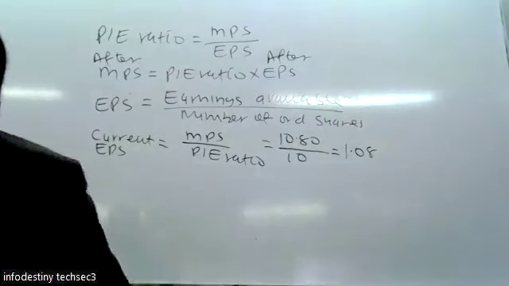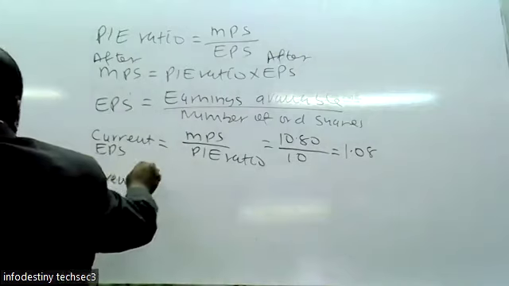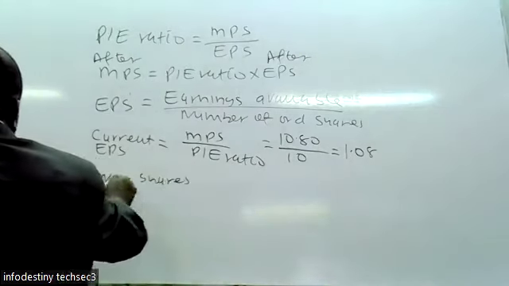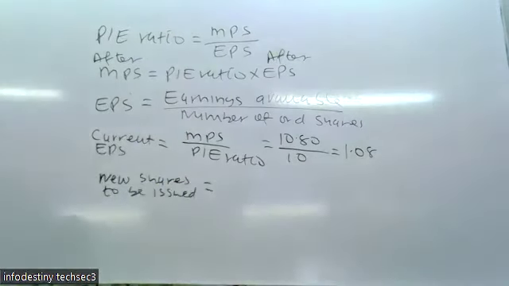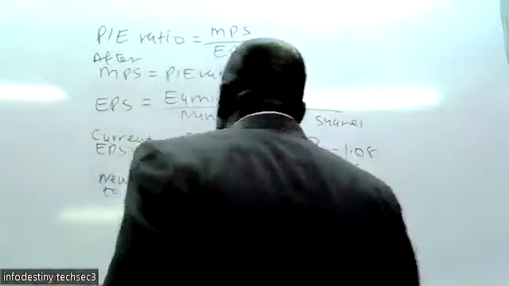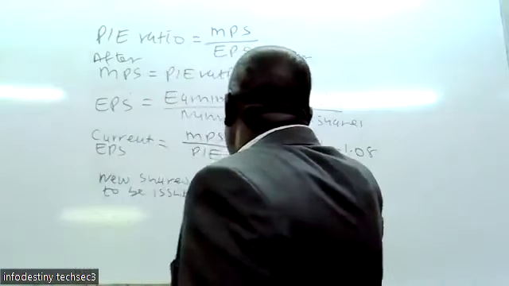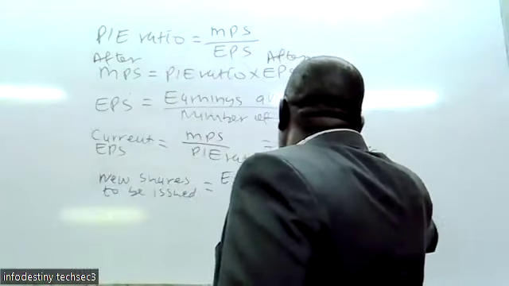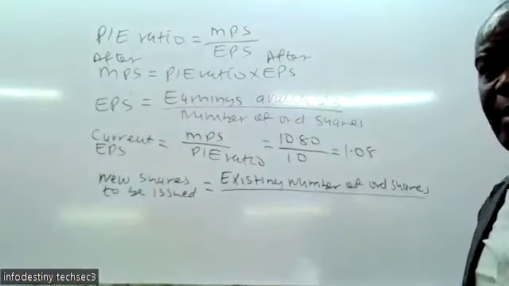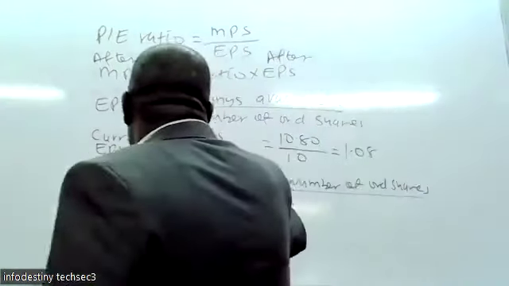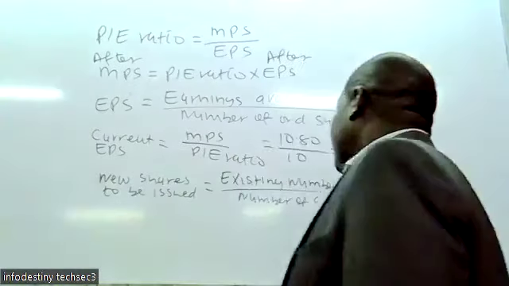To get the new shares to be issued, simply take the existing number of the ordinary shares and divide by the number of the rights.